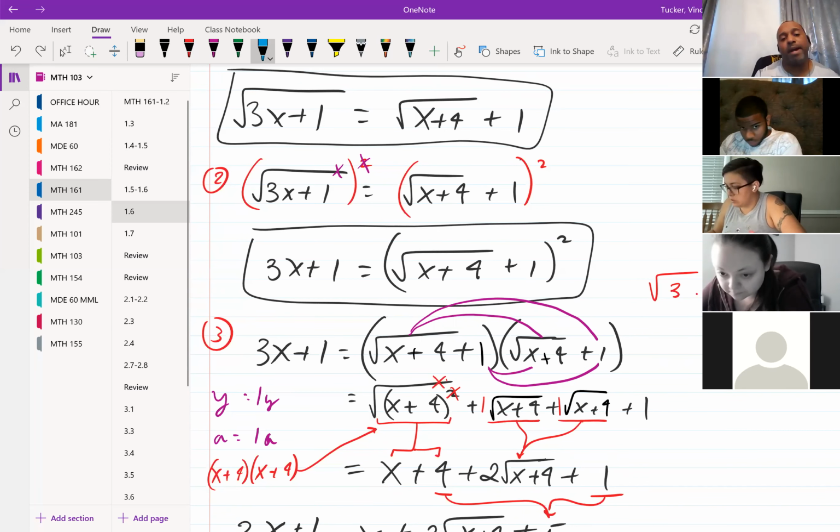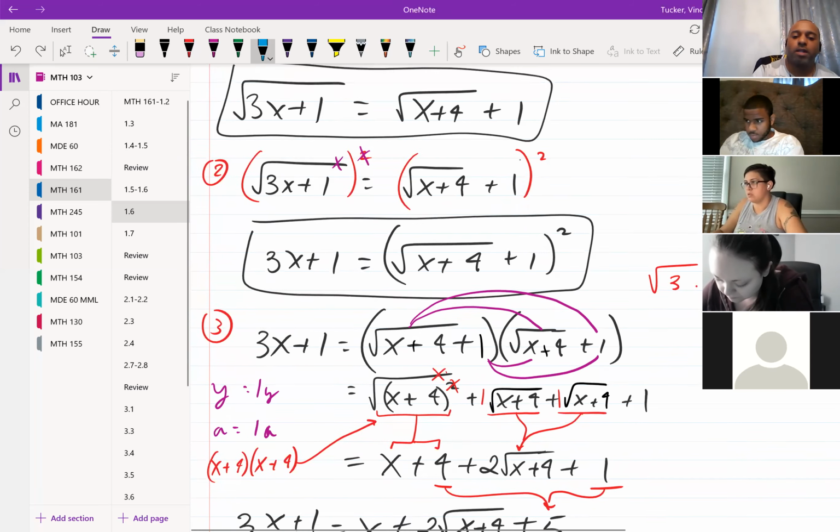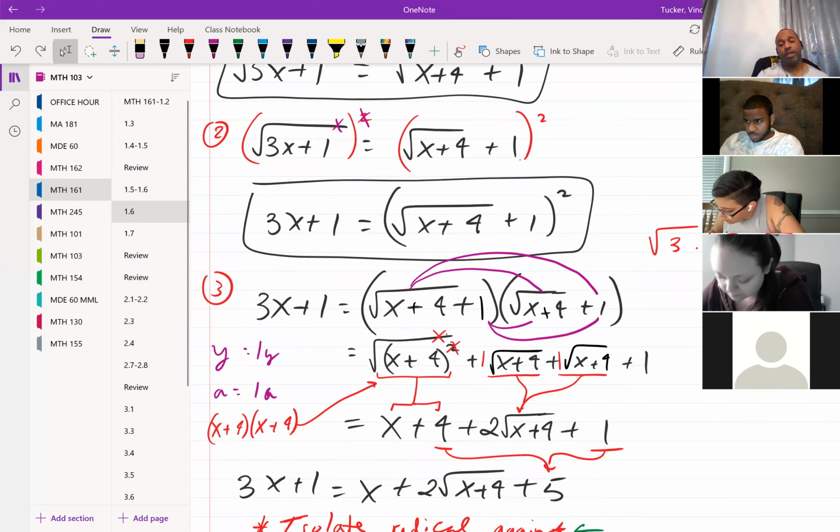And we just have the 1 in the back. And then to simplify it as much as possible, we can add the 4 and the 1 together to give us 5.